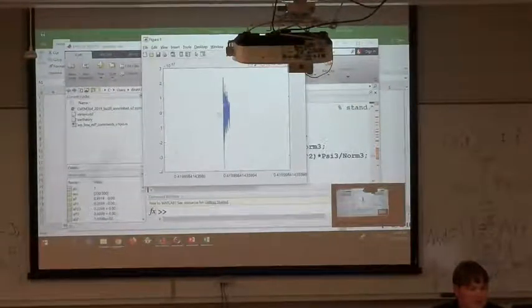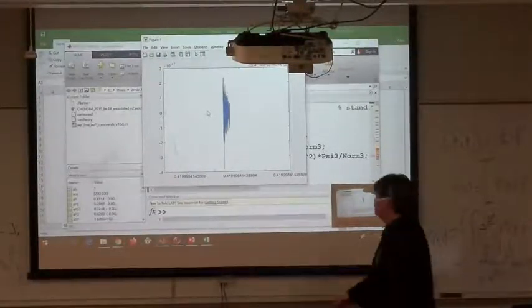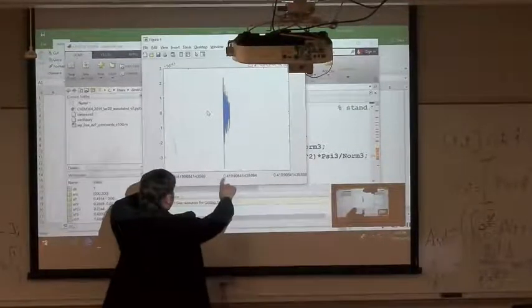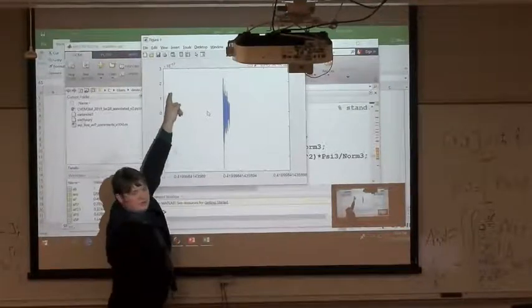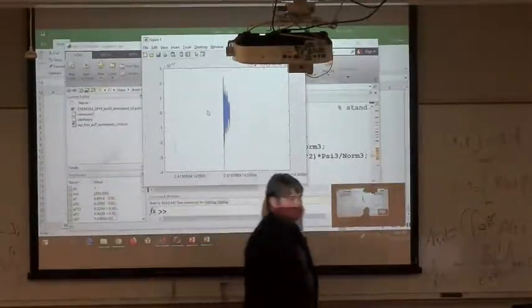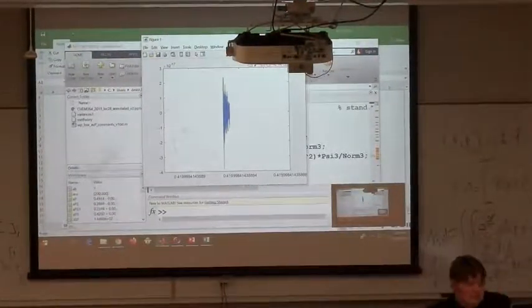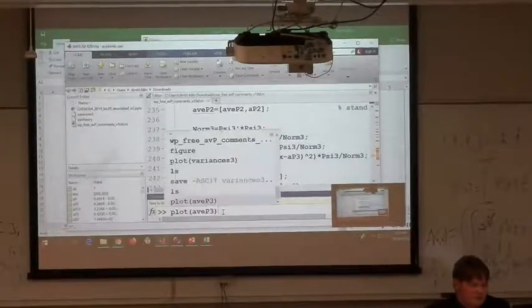Oh no, it has real and imaginary parts, but the real part doesn't change much. It's 0.41, and the imaginary part is 10 to the minus 17. So let's plot the real part.